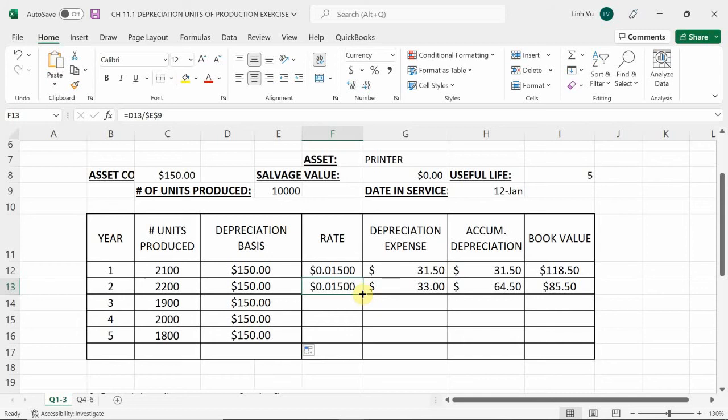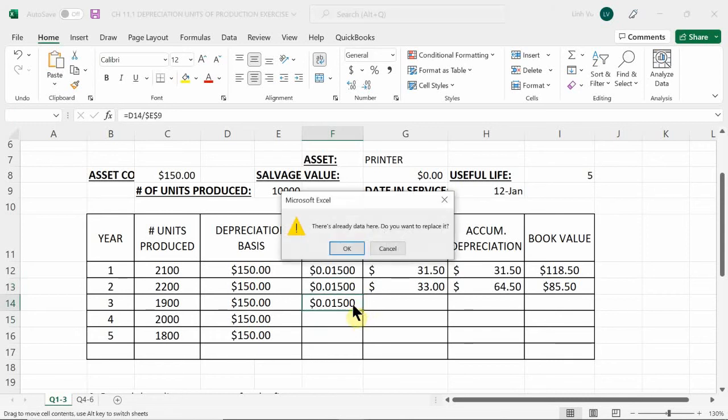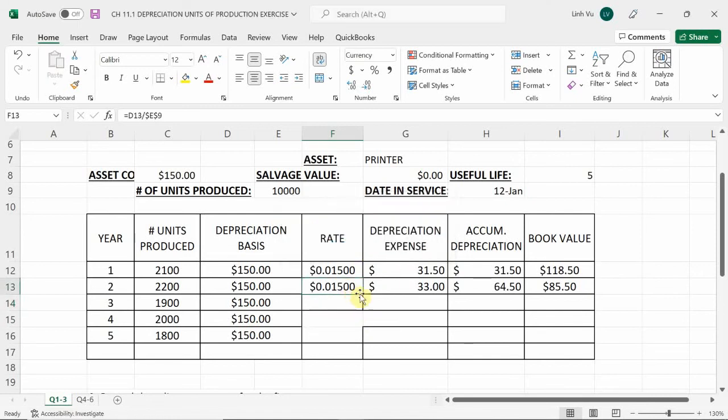It's going to stay the same. If it's the same for the third year, it's also going to be the same for the fourth year and the fifth year. So my basis and the rate stay the same.